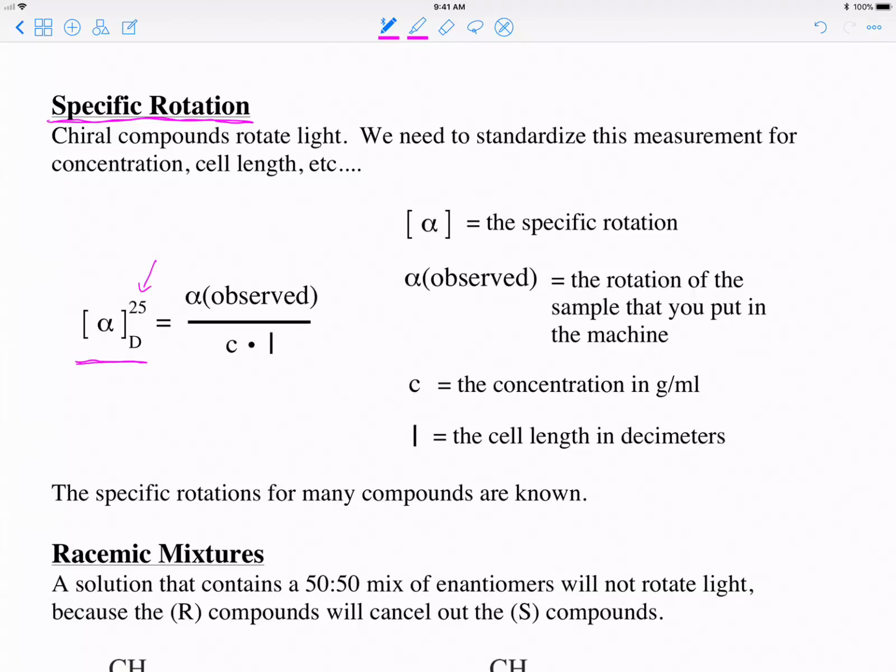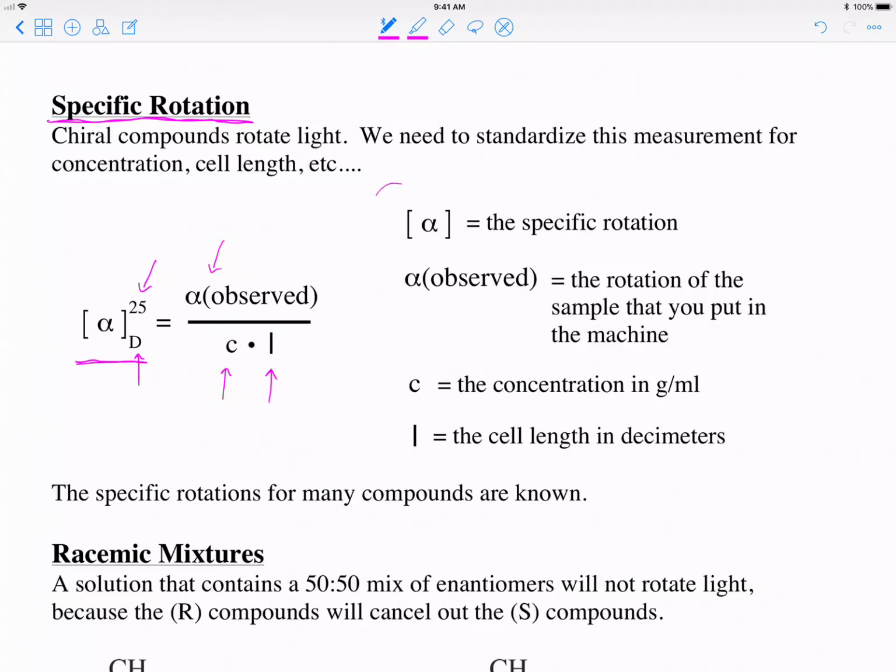It's done at 25 degrees and using the sodium D lamp for the light source so that we standardize the conditions. Then you observe how much the light is rotated and you correct that for the concentration and the cell length in case your cell isn't exactly 1 decimeter long or 10 centimeters.